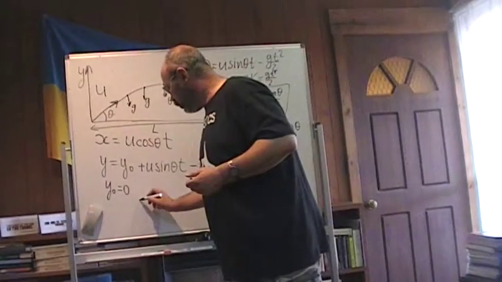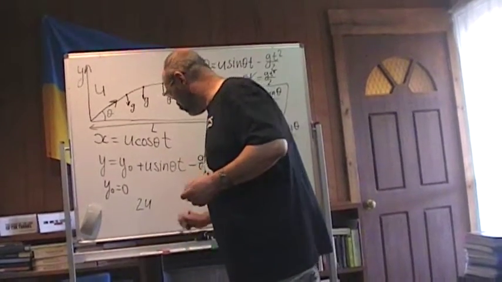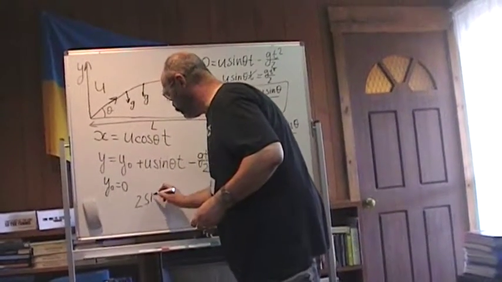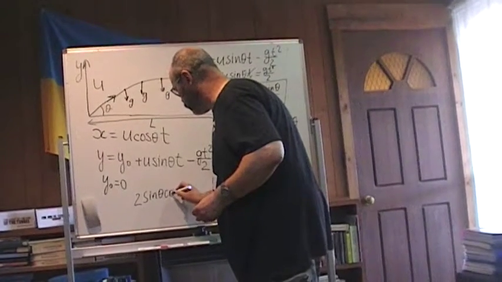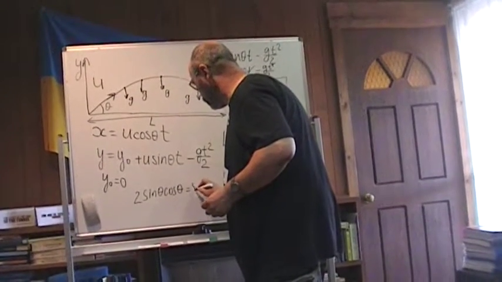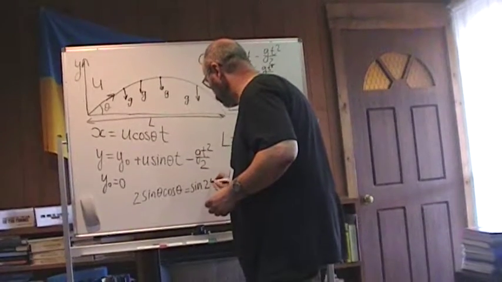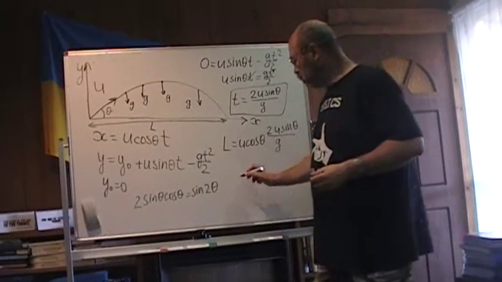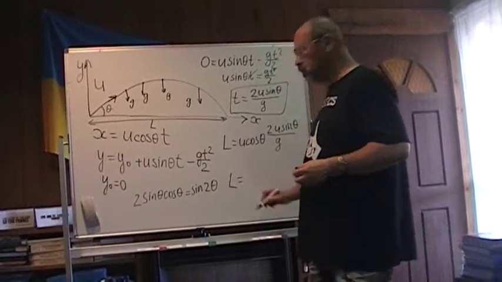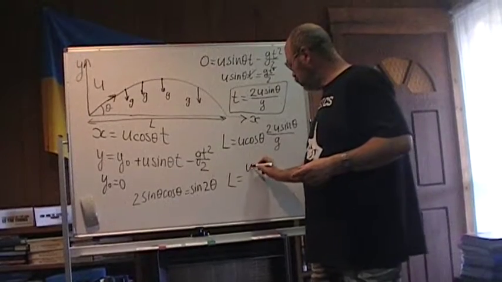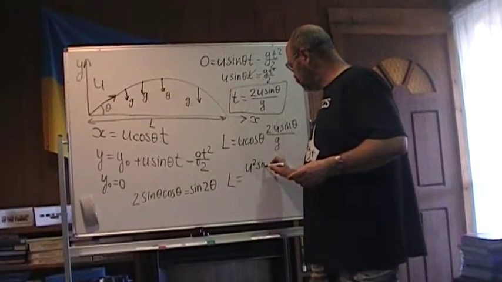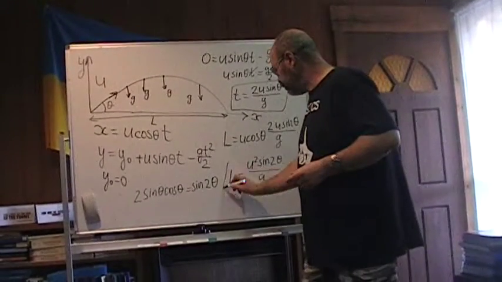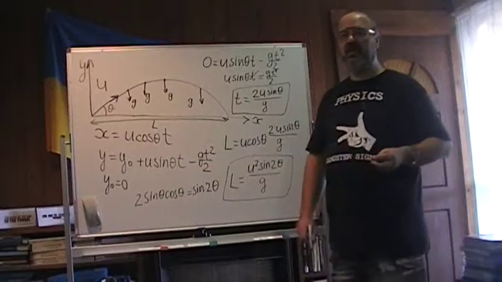From mathematics we know that 2 sine theta times cos theta equals sine of 2 theta, sine of the double angle. Using this we get the expression for the range equal to u squared sine double angle divided by g. That will be the expression for the range.